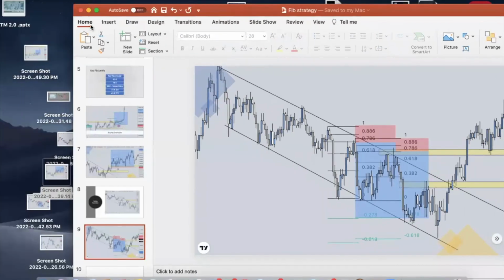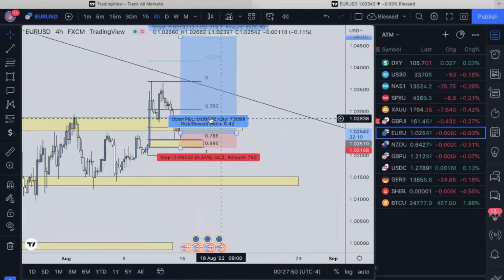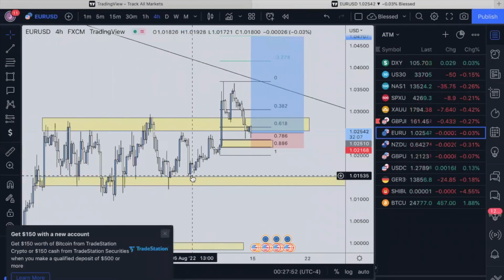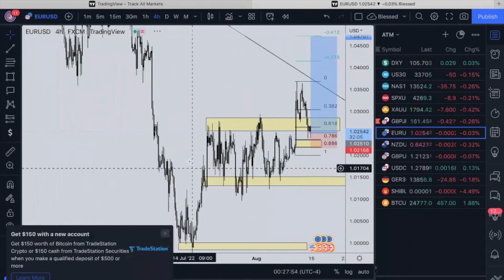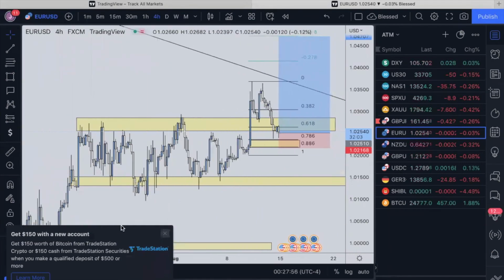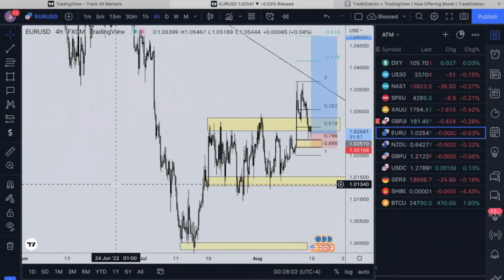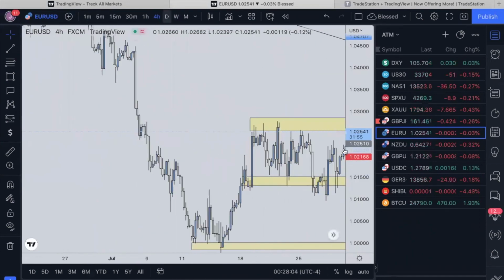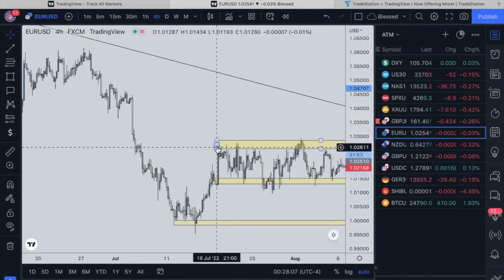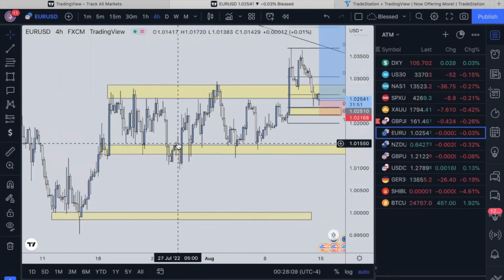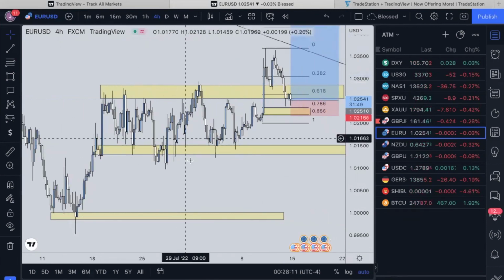Let me go to TradingView to show you a live example that I'm looking at right now. So this is Euro USD. So Euro USD, you could see that, let me try to zoom out. All right. So you can see that we had this period of consolidation here.